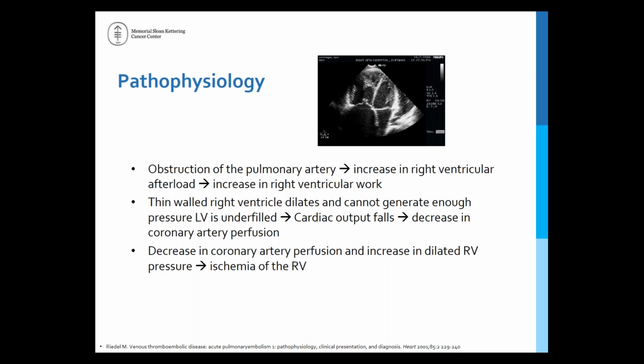And then the coronary arteries that are supposed to be supplying the right ventricle are compromised, and so that results in right ventricular ischemia. And then right ventricular ischemia results in more right ventricle dilation and poor function. So it's a cycle that worsens and worsens with time.